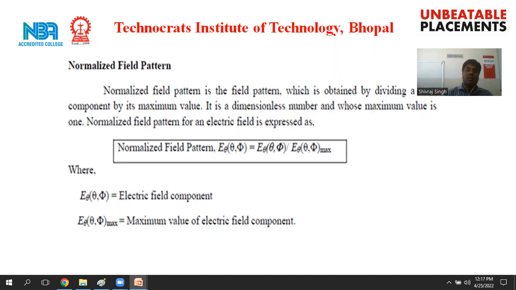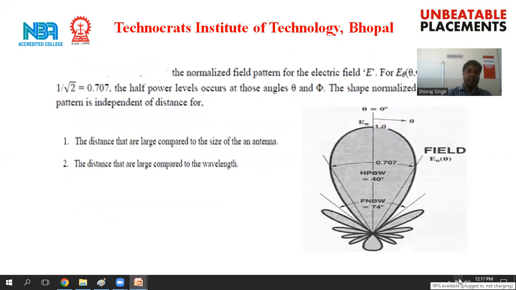It is a dimensionless quantity. So according to the definition, E_theta normalized equals E_theta(theta, phi) upon the maximum value of E_theta. E represents the electric field component and E_theta max represents the maximum value of the electric field component.